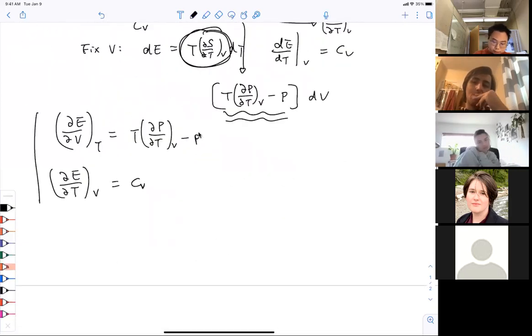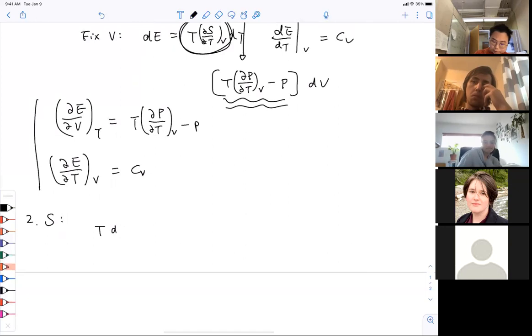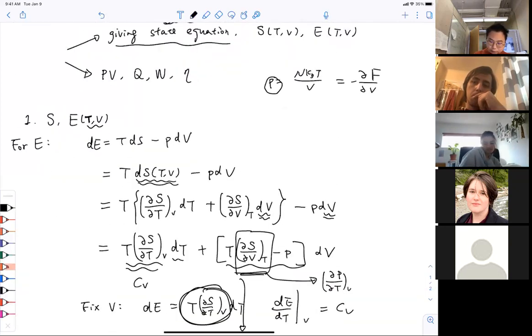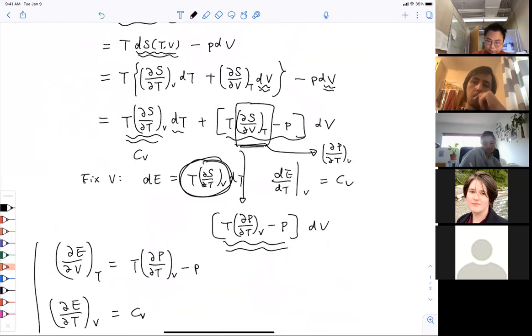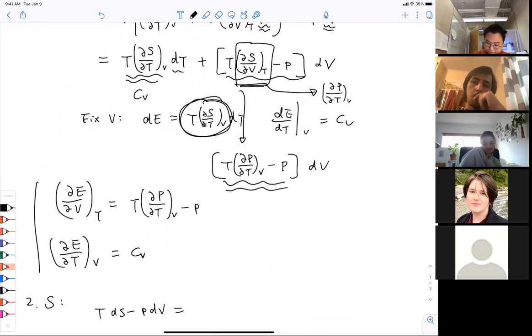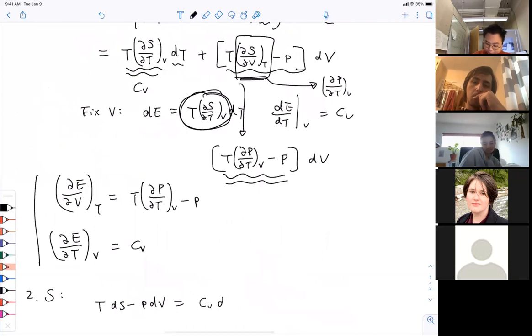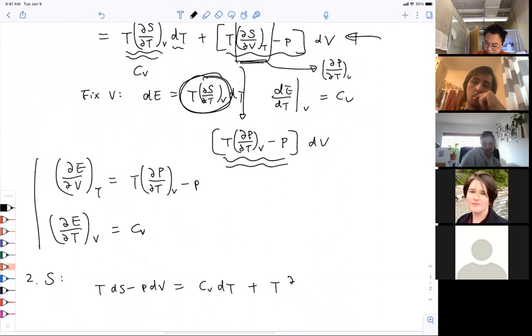Right. Similarly, for the entropy, we can have similar stuff. So basically, we have T dS minus P dV. I just copy this line. And the last line tells us CV dT, plus the dV terms.